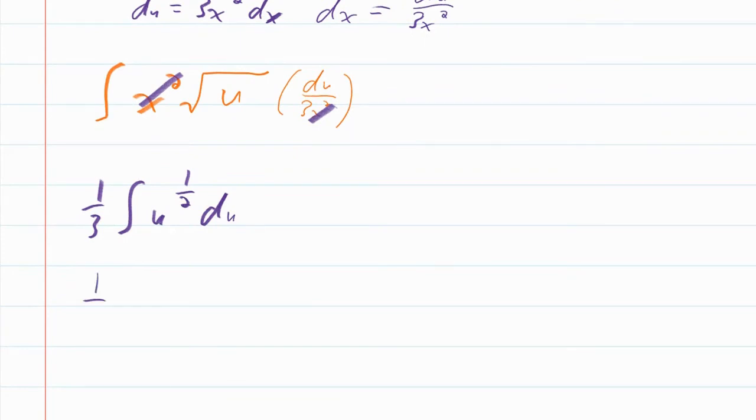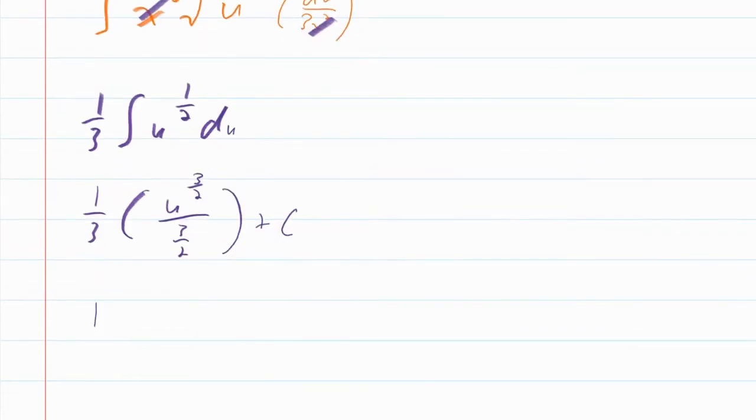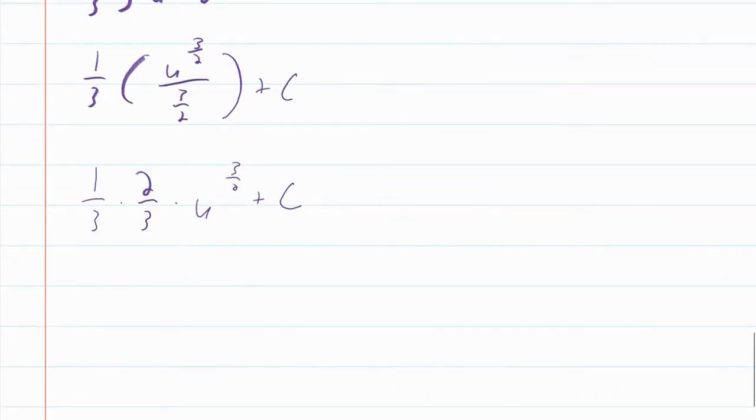To integrate u to the 1/2, that's the same thing as u to the 3/2 divided by 3/2 plus c, which is the same thing as, when you divide by 3/2, times 2/3 times u to the 3/2 plus c. And now let's put everything back in terms of x's.